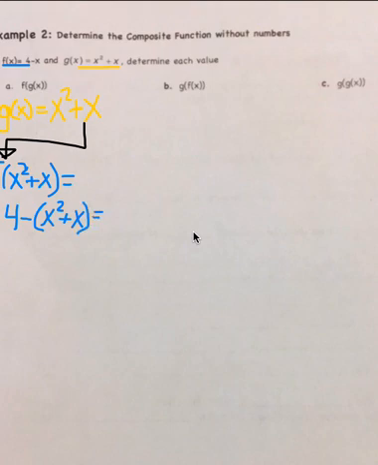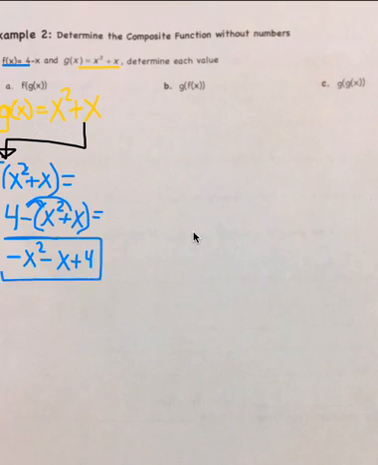And that is just going to equal, after we send this minus sign through to both, and we want to put it in standard form, negative x squared minus x plus 4. That's our final answer. That's f of g of x.